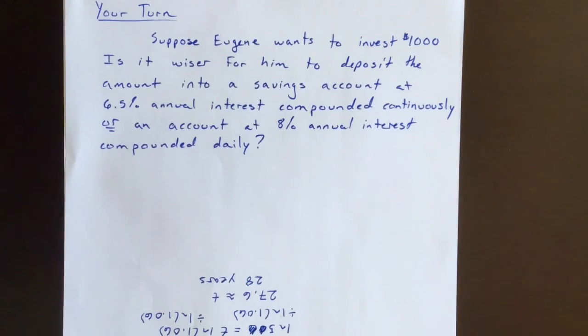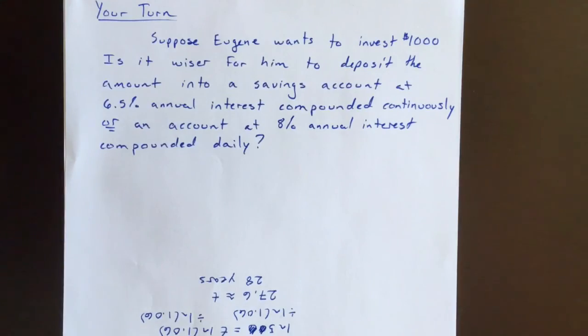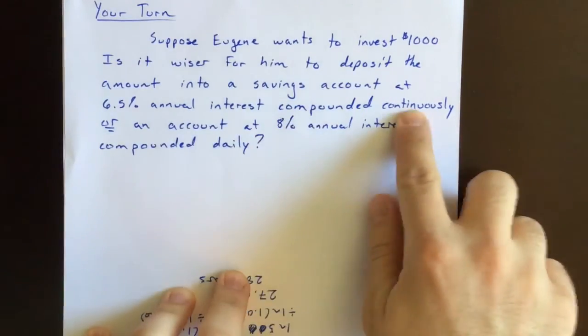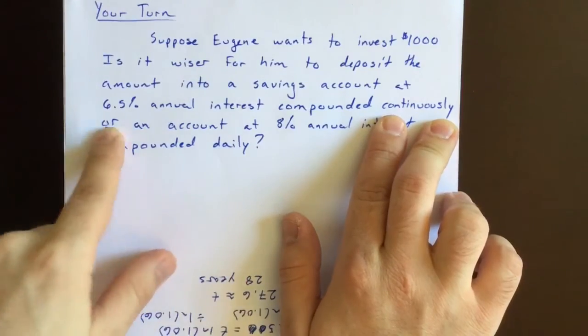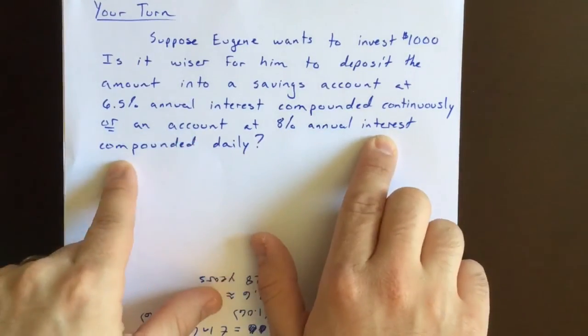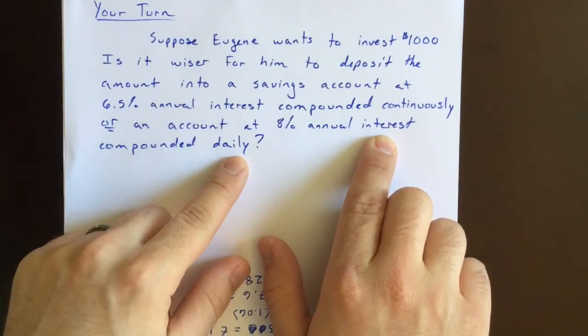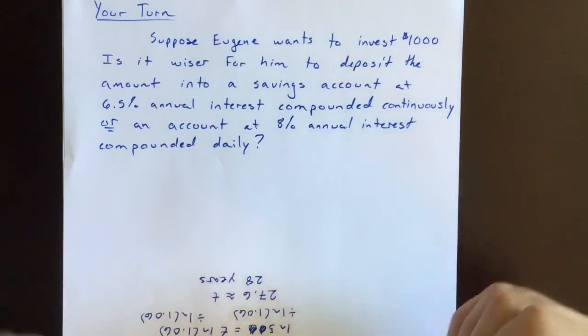Which is better for him? Which one's more attractive to him? Depositing the money into an account with 6.5 annual interest compounded continuously, so we have to use that unique formula, or if he has an account that has 8% interest compounded daily. So which of these accounts is going to be better for him?